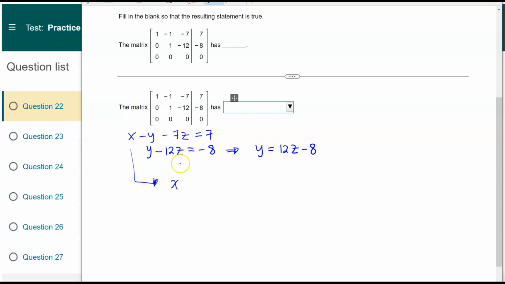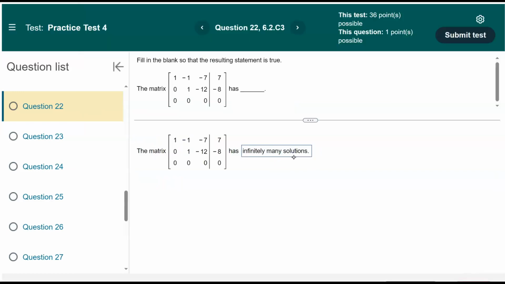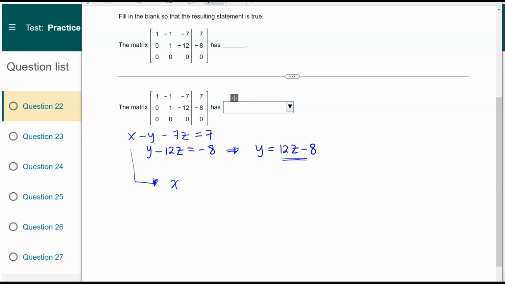So before that, you can replace the y here by this expression so that you would just have to write everything in terms of z. So you will have x minus, now this expression will be used to replace y. So you have 12z minus 8, minus 7z equal to 7. Then you simplify that.